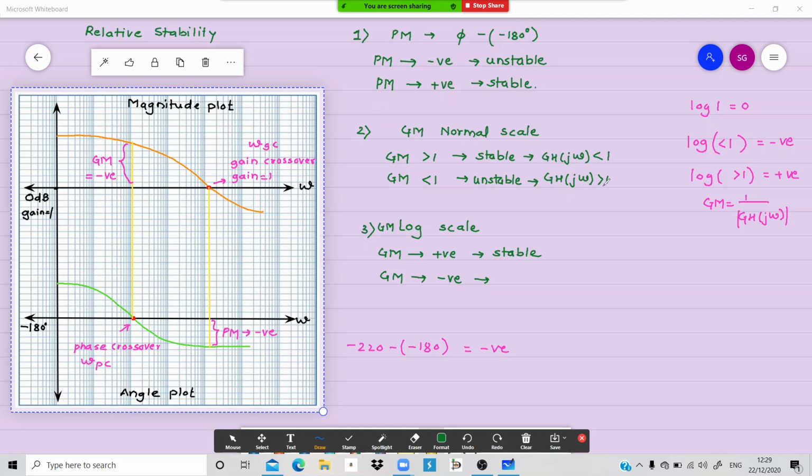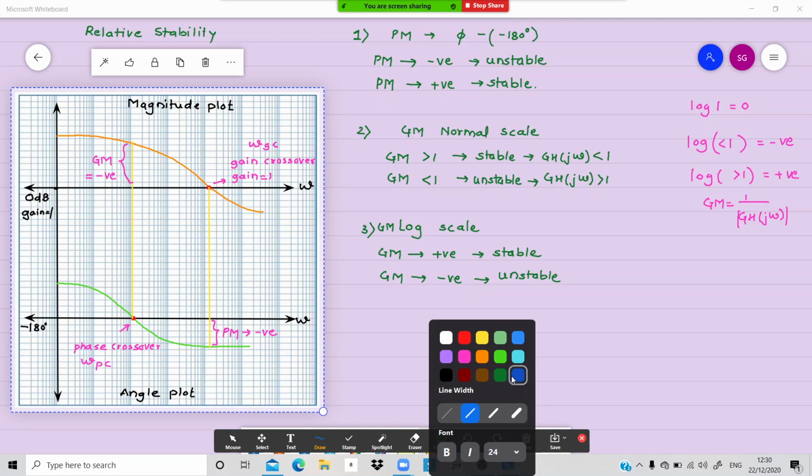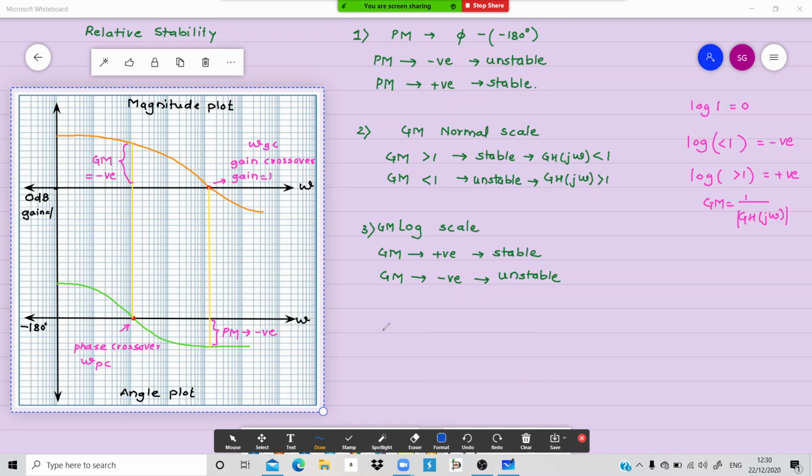When |GH(j omega)| is greater than 1, your GM will be less than 1, log of that will be negative, and the system is unstable. Now we can conclude, the last conclusion for this: GM and PM both positive, system is stable.